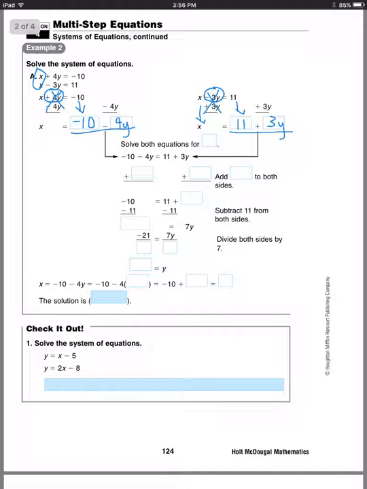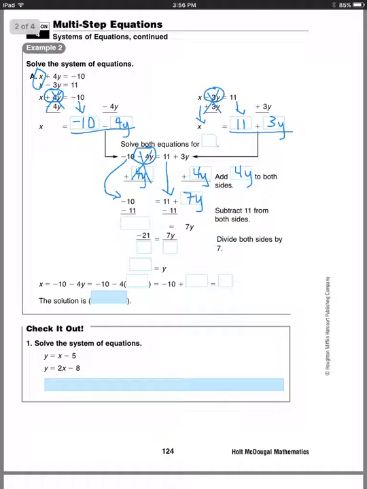So out of negative 4y and 3y, negative 4y is smaller. So the opposite of subtracting 4y is to add 4y to both sides. So these cancel, and my negative 10 comes down. And then my 11 comes down, and 3 plus 4 is 7y.